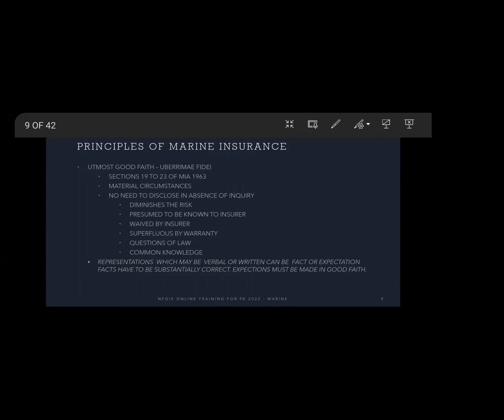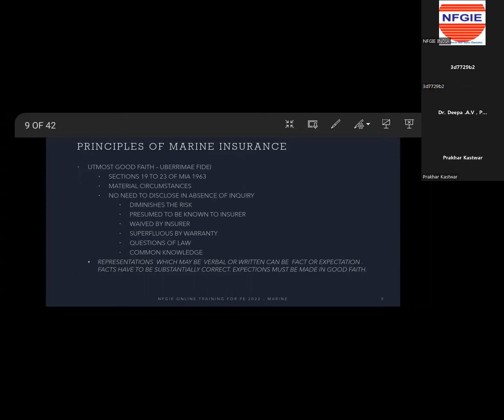As far as material circumstances are concerned, some material circumstances need not be disclosed to the insurer. Those are circumstances which diminish the risk, and any circumstance which is known or presumed to be known by the insurer.